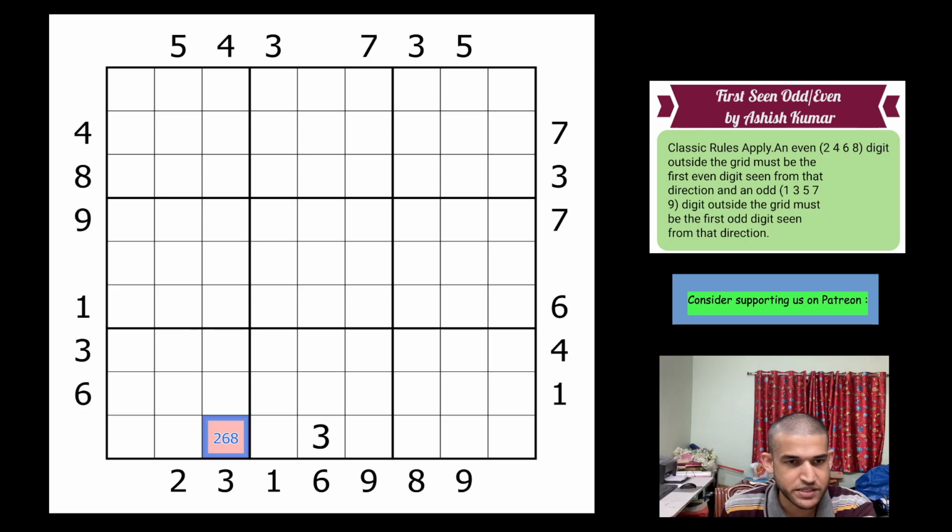Okay, something interesting here. There is a 4 outside row 7 and 4 outside column 3. So which means 4 must be in these 4 cells. But 4 can easily be eliminated here because it is not the first even digit from those directions. 4 is in one of these 2 cells.